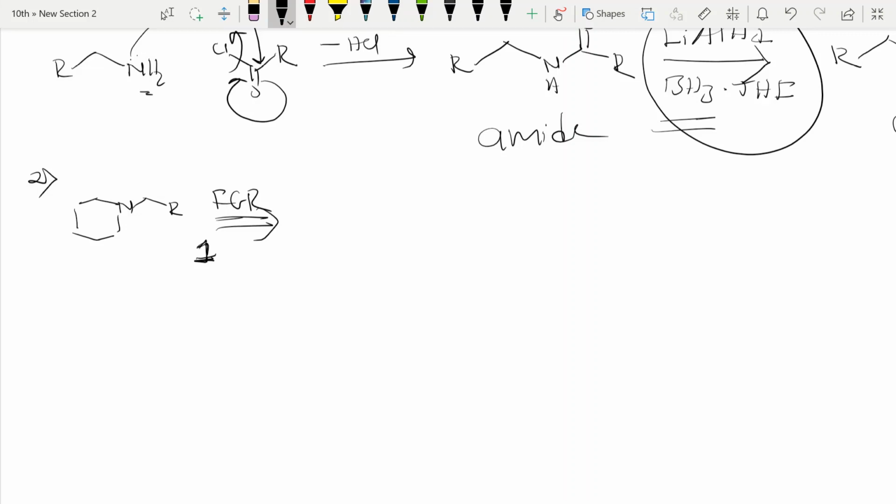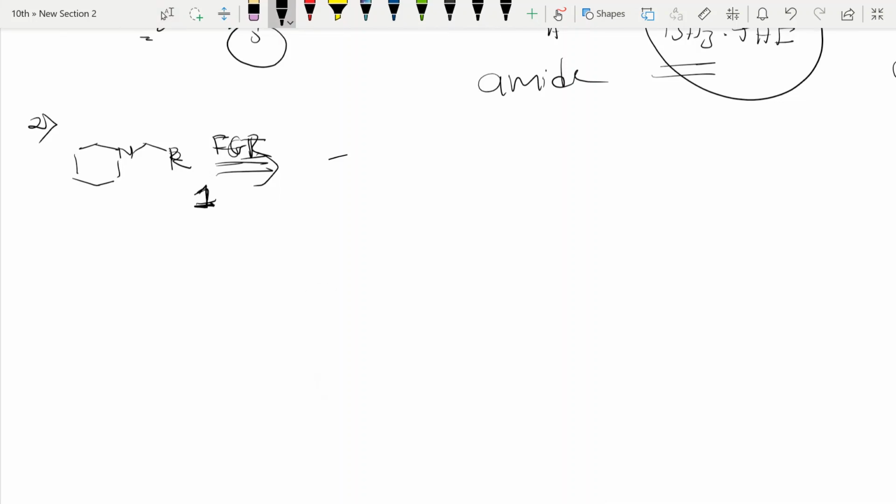Sometimes it may not, so we will be in confusion. To get rid of it, I have told you first you should do functional group interconversion. If you do that, the reactivity will be decreased. So here, see, I am going to convert it into amide. So here the amine is there and I got this amide by doing functional group interconversion.